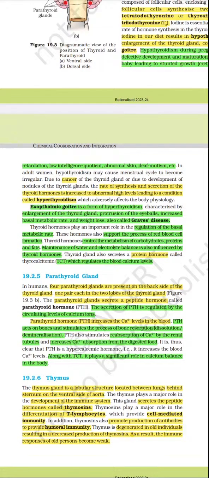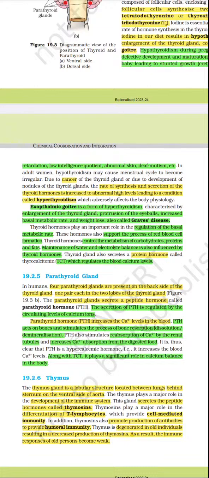Exophthalmic goiter is a form of hyperthyroidism characterized by enlargement of the thyroid gland, protrusion of the eyeballs, increased basal metabolic rate and weight loss. It is also called Graves' disease.